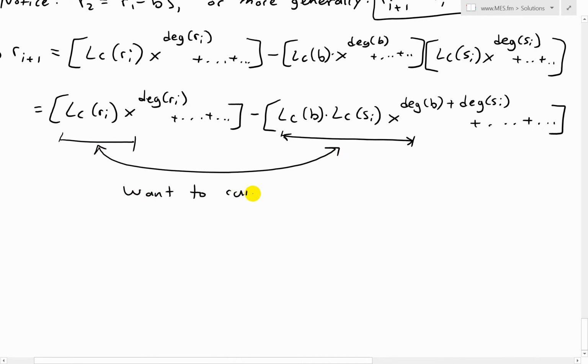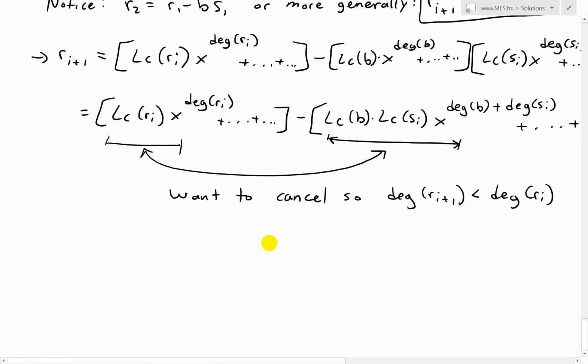The reason is so that this degree of RI vanishes, and then we want to cancel so that the degree of RI plus 1 is less than the degree of RI. So we've removed the highest degree there.